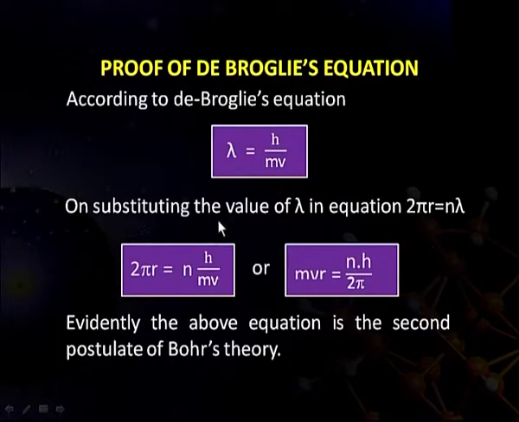On substituting the value of lambda in 2 pi r = n lambda, 2 pi r = nh / mv, or mvr = nh / 2 pi. Evidently, this equation is the second postulate of Bohr's theory. Thus, de Broglie's relation provides a theoretical basis for Bohr's postulate.